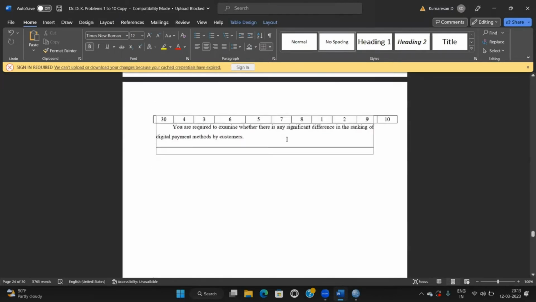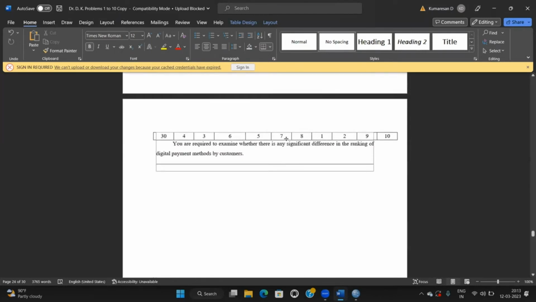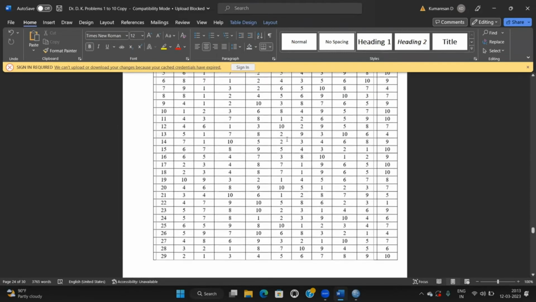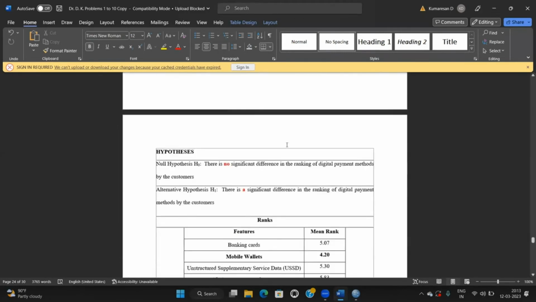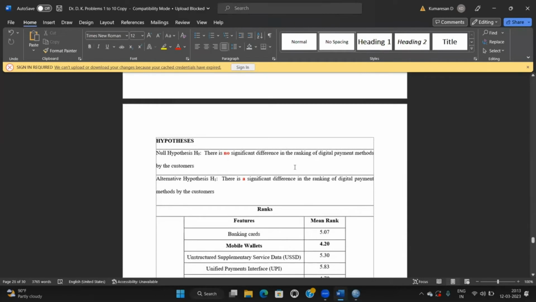Now come to the question. You are required to examine whether there is any significant difference in the ranking of digital payment methods by customers. For that, as usual, we are formulating the hypothesis.